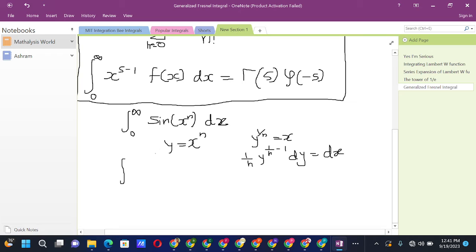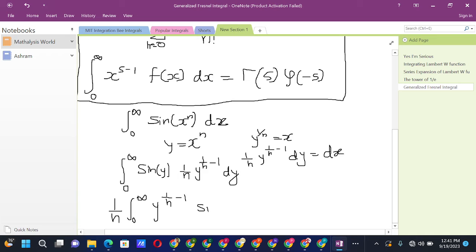When x equals 0, y equals 0. When x equals infinity, y equals infinity. And here sine of y, and dx is 1 by n, y to the power 1 by n minus 1 dy. We can take 1 by n out, and that gives us the integral from 0 to infinity of y to the power 1 by n minus 1 sine y dy, which is the required integral.